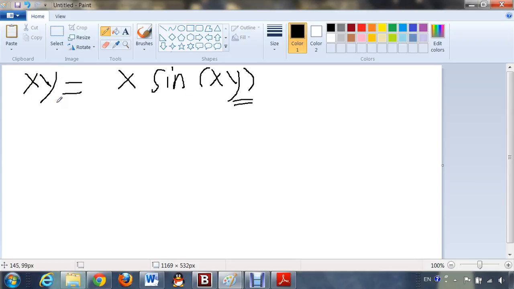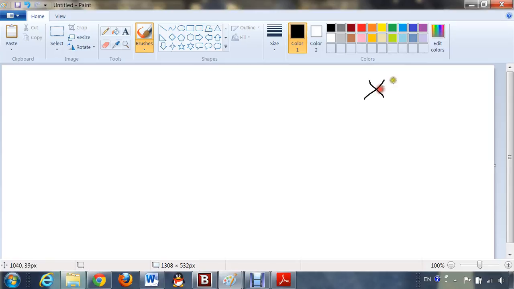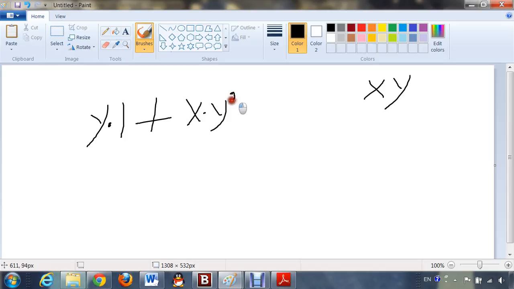This derivative needs the product rule. It's y times the derivative of x, which is just 1, remember, and then add x times the derivative of y, which is y prime, not 1.